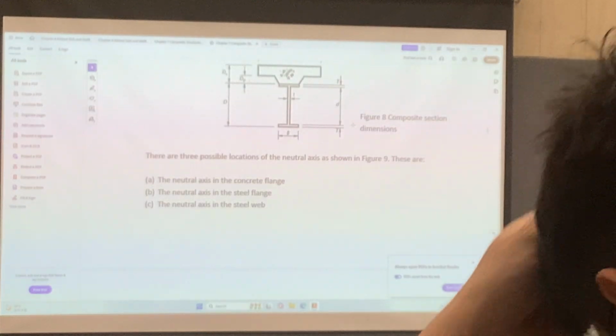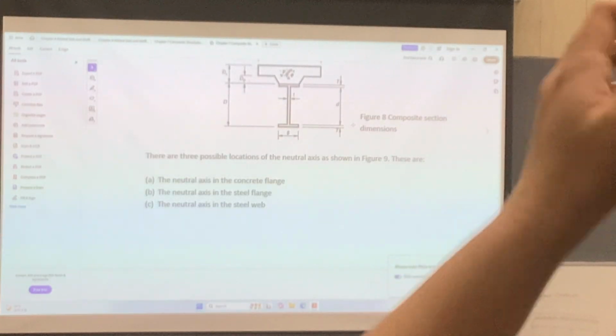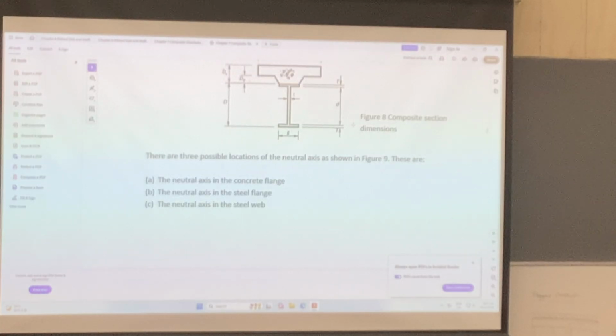The other case is the neutral axis in the steel flange, and then the neutral axis in the steel web. Actually, the moment capacity is a bit different. It depends on the location of the neutral axis. If the neutral axis is within the concrete, then we use one equation. And if the neutral axis is at another location, we use another equation.